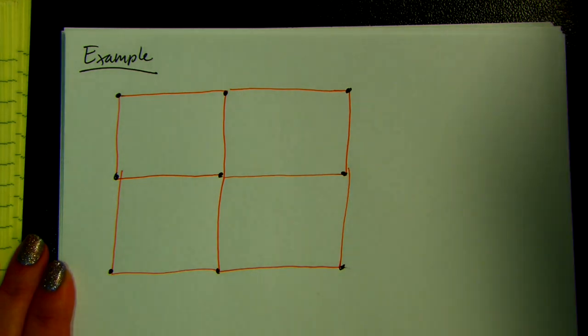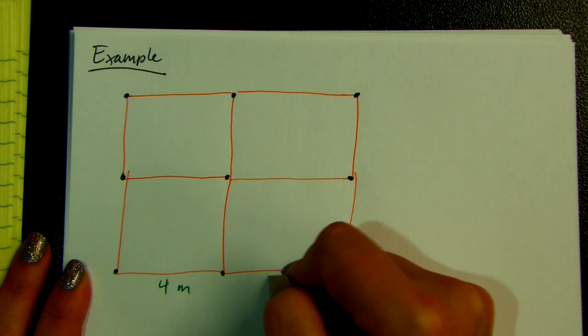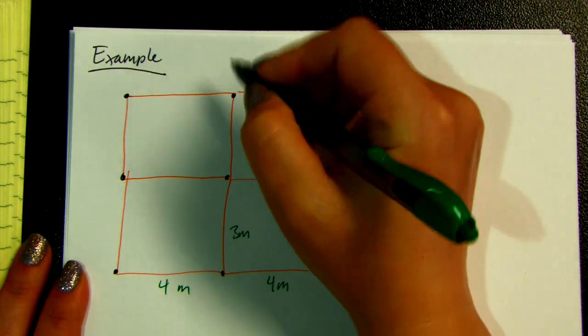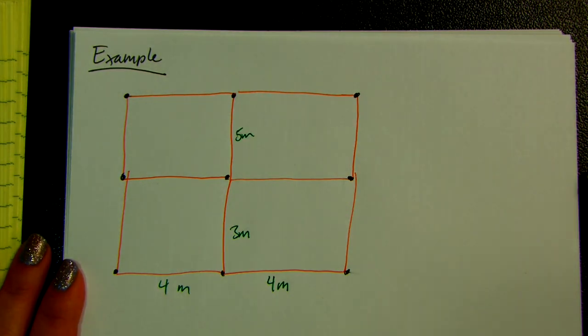We've got 4 meters on the bottom, 3 meters here, and 5 meters. And let's give it some labels.